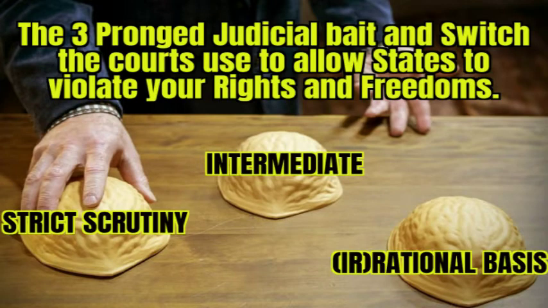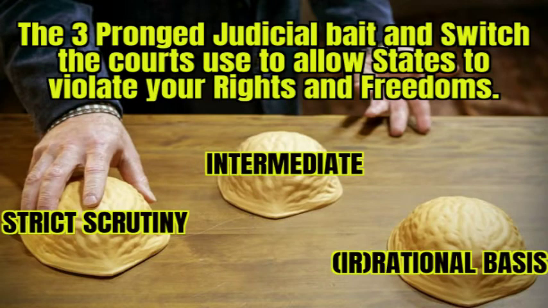Intermediate scrutiny is basically going to determine whether the government, whether the state or the federal, has an important objective, if you will. And that objective is substantially related to their achieving that objective, okay?